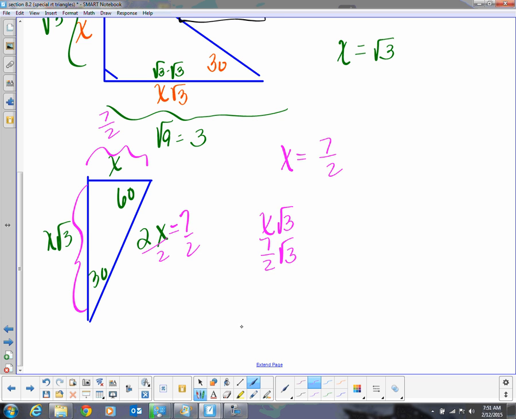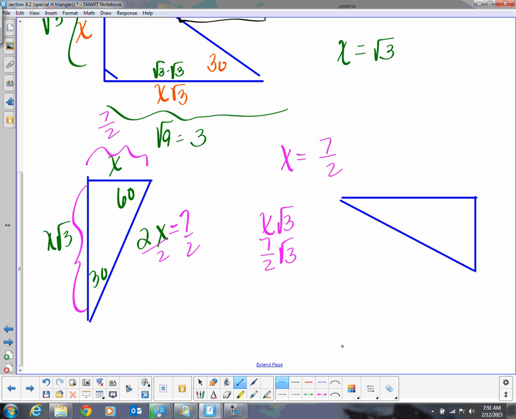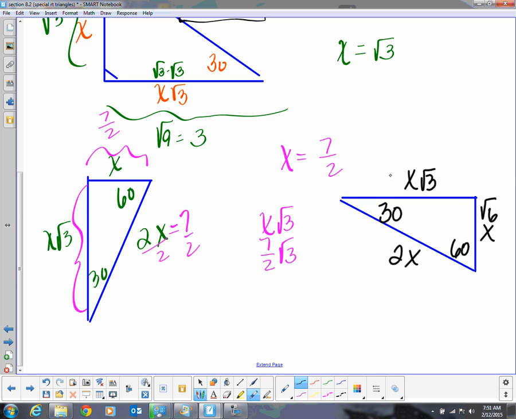Looking at 14, 14 has been turned this way. And we've got this to be 60. Kayla, I'm going to finish it. This is x. This is x square root of 3. This is 2x. I need your papers put on this desk over here. 14 told us that this side is square root of 6.